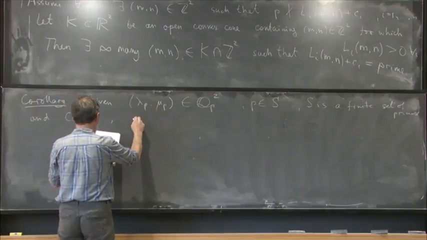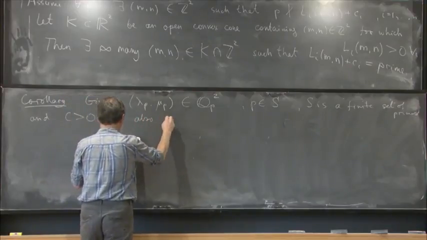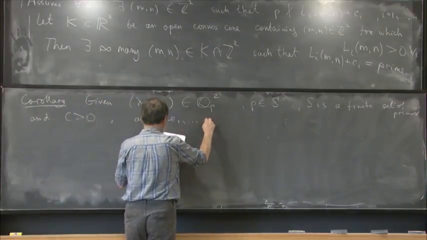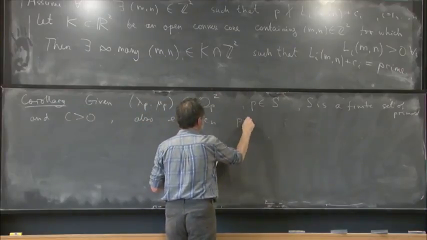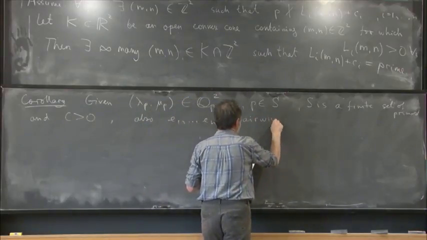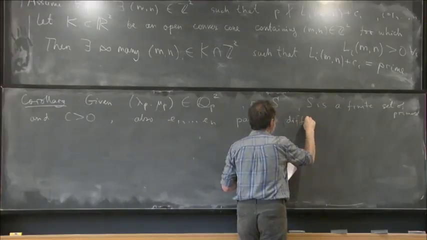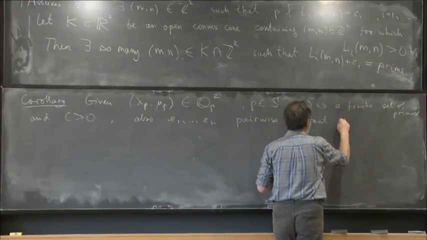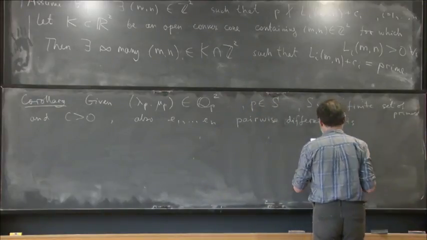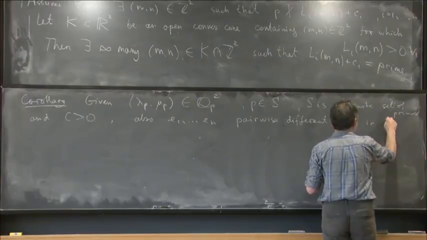and also u1, ..., en pairwise different rational numbers, which we will assume are elements in Z_S.